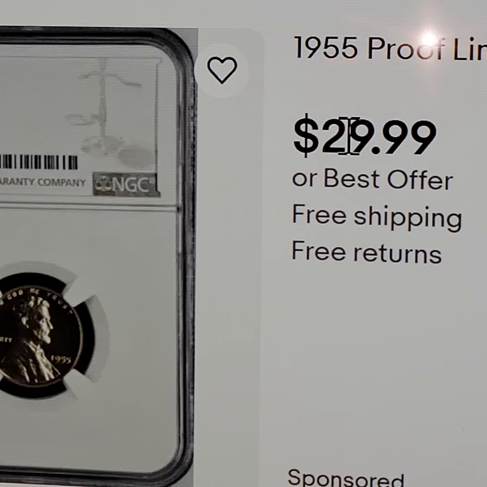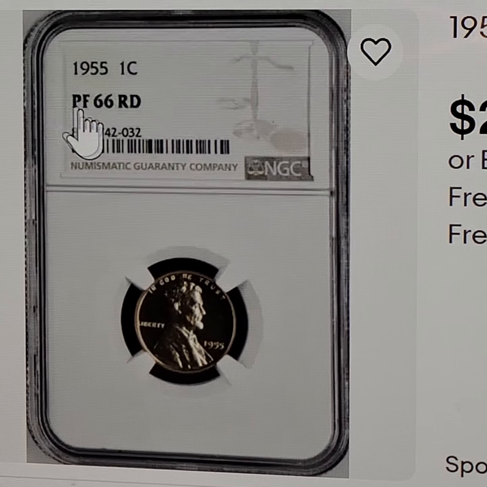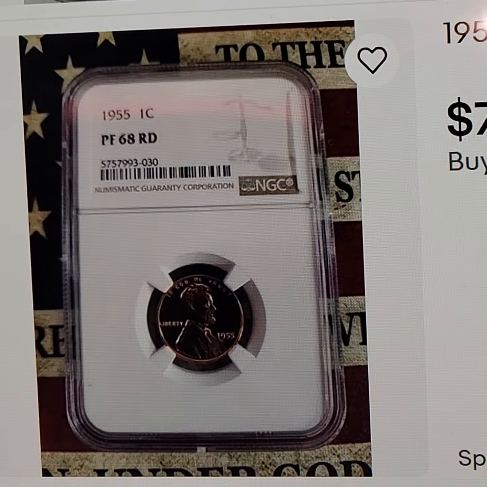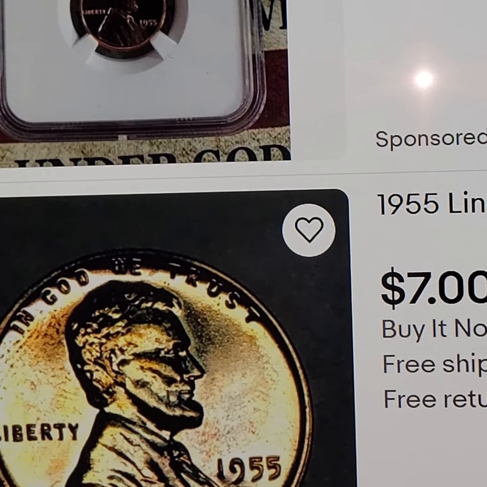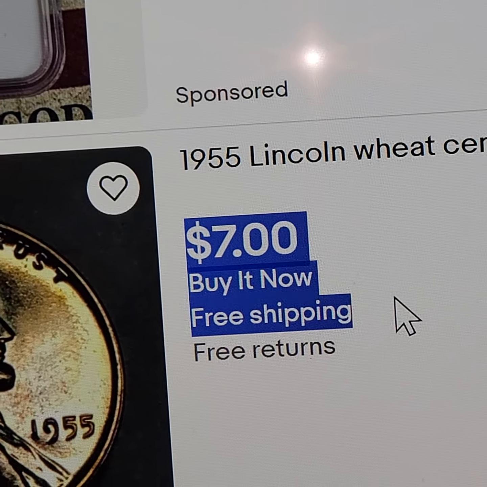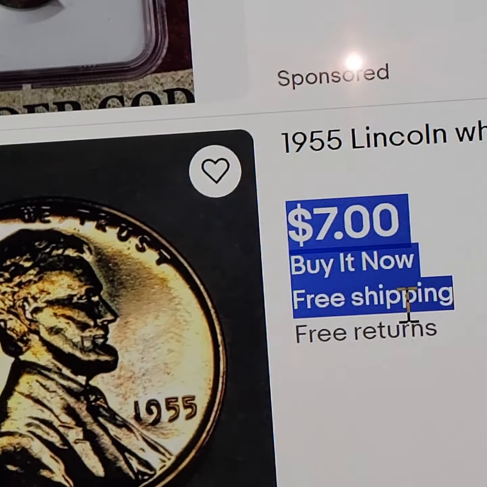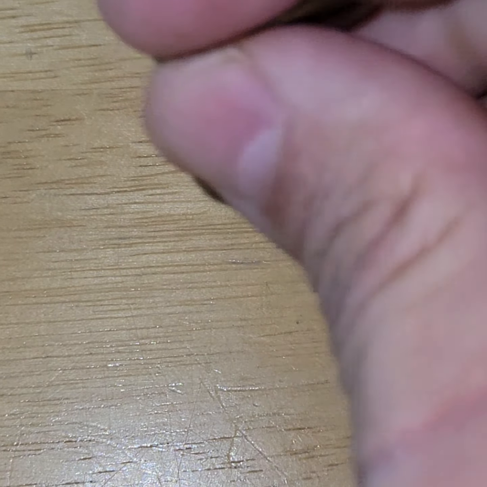And he probably wants maybe $20. 55 proof, 66 red. Once you go over, of course, it's a 68, they want 75. That makes sense. But no, it's a $7 penny. It says some hairlines on it. Okay, it's a $7 penny. All right, I was off. I thought it would be a $20 penny.